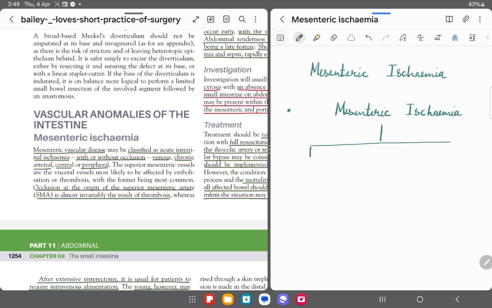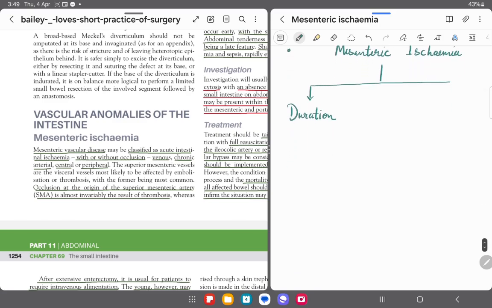So based on duration, it can be classified as acute or chronic.